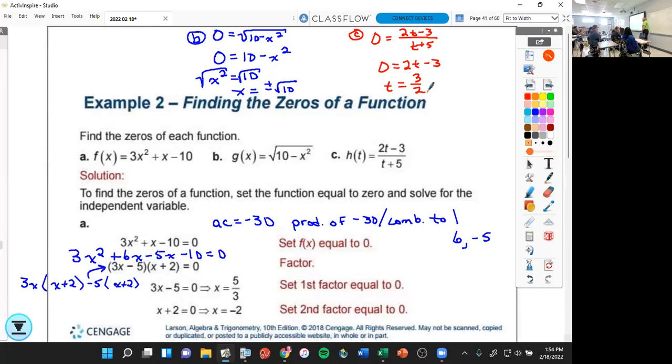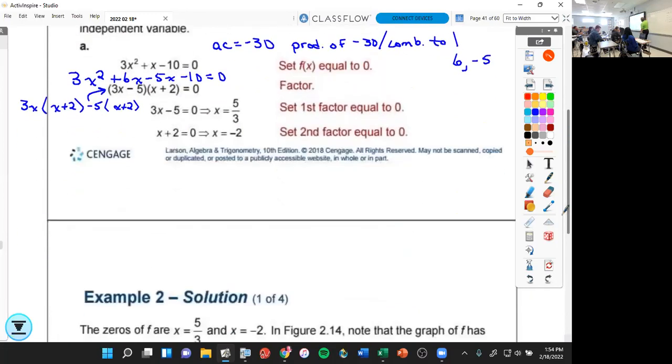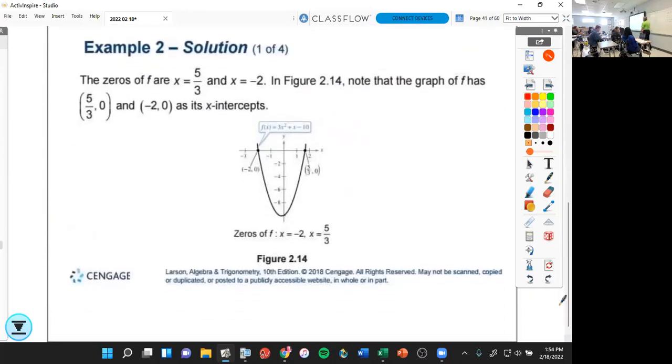Now, because Pritt is so confused, and some of you might be as well, the book does it differently. Okay. To me, that doesn't make sense, but let's look at their explanation. So here's the explanation of number 1. We got zeros at -2 and 5/3, just like they did, but they graphed it so you can see them.